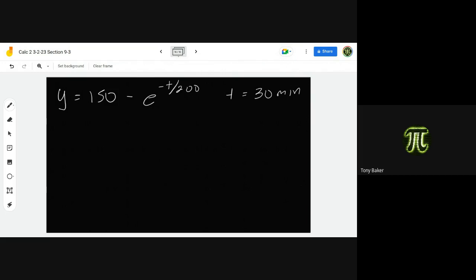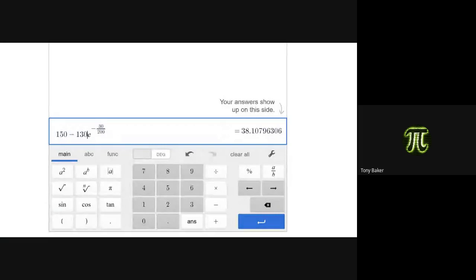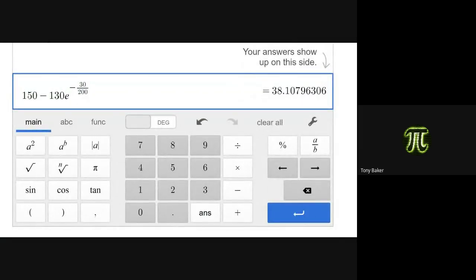Oh, I forgot the 130 when I wrote this. I'm like, something's wrong. And we use Desmos. So we get 38.1 kilograms of salt in there after a half hour.